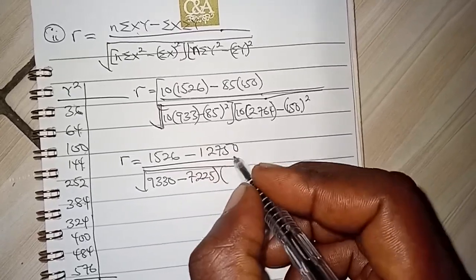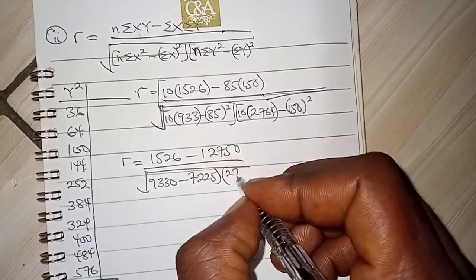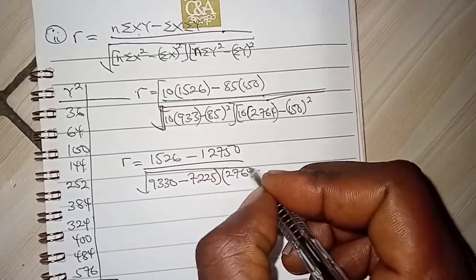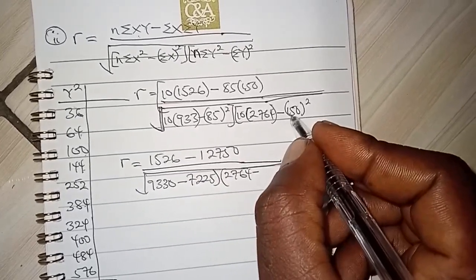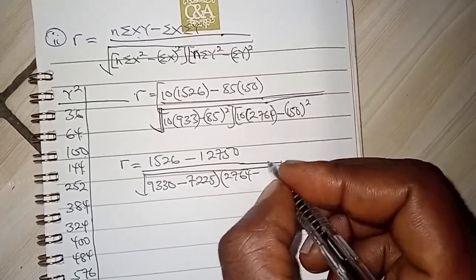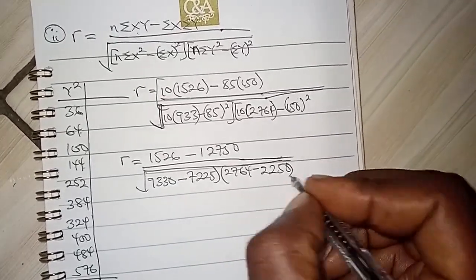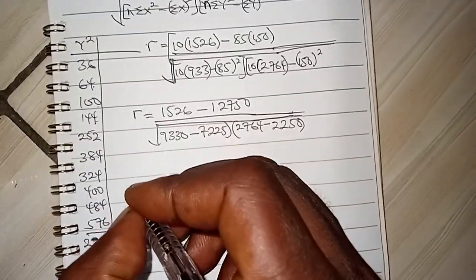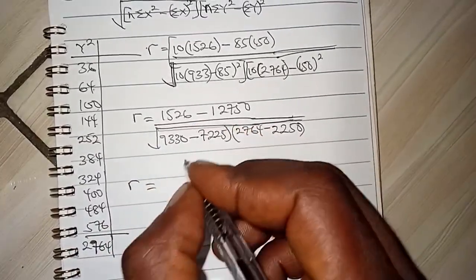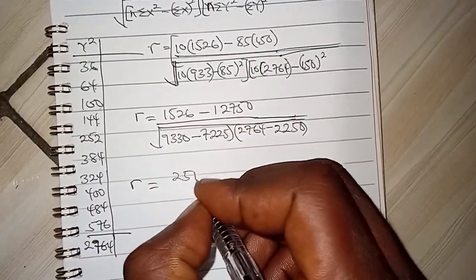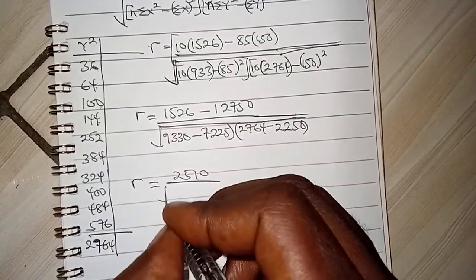On this other side, we'll have 2764 minus 150 squared. We're going to get 2250. If we resolve the top, we're going to have 2510, just like we did in the first one.